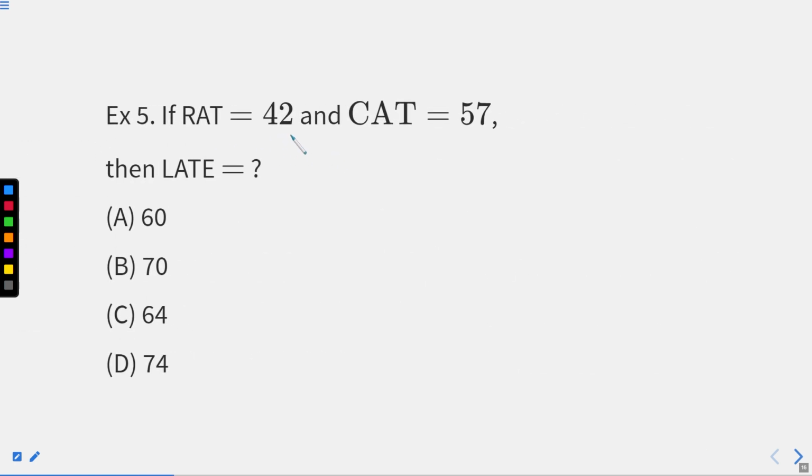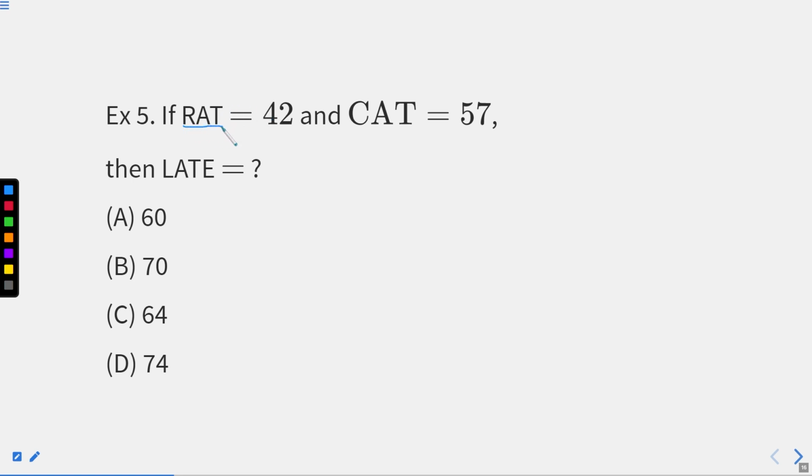This is a totally different kind of thing. We have seen that the word rat, R-A-T, is coded as 42. And the word cat is coded as 57. Now we need to understand how we approach these kinds of questions. First and foremost, as I always mentioned in my first lecture as well, during series completion, you must be aware of the place value of each and every letter along with the reversible place values.